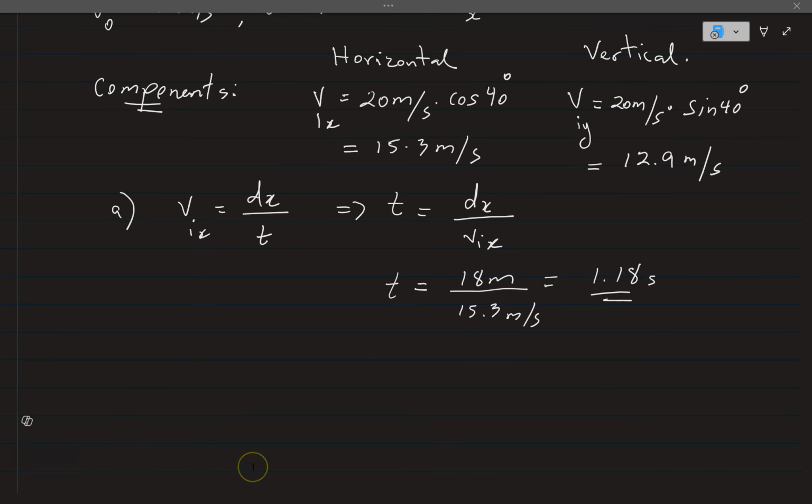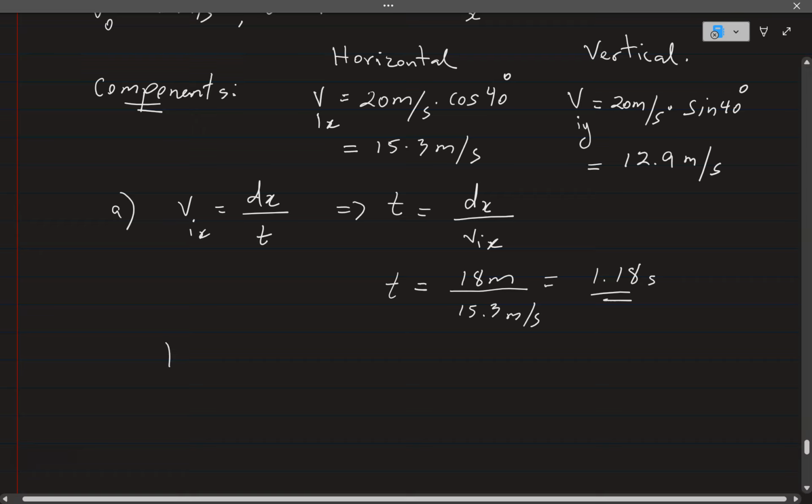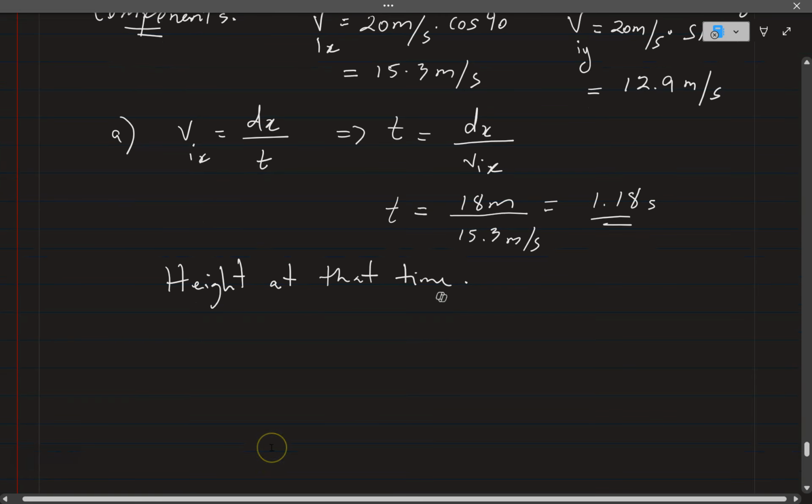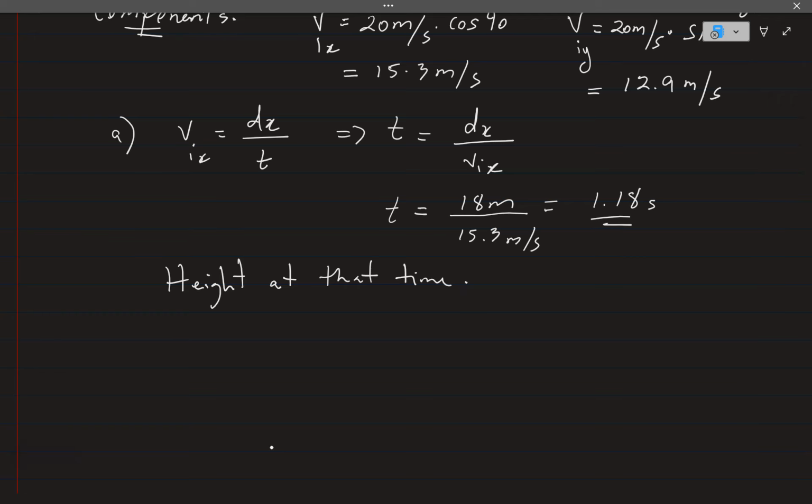Okay, so now that we have the time, we can find the height at that time, because the vertical and horizontal time is the same. So here is the height h, or d, by the way. Remember we are using d equals v_iy t plus 1/2 g t squared.